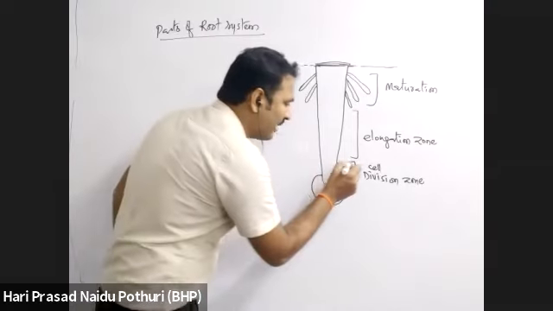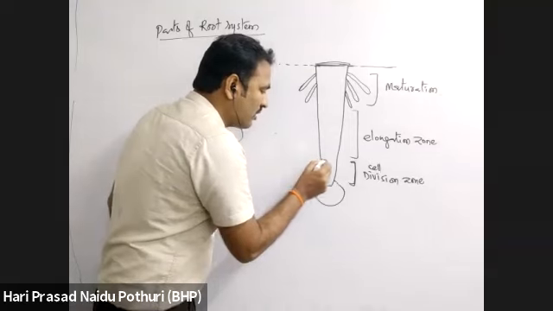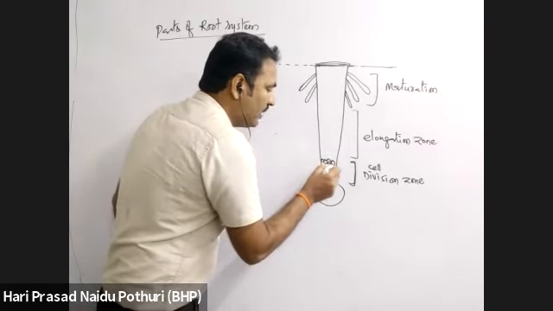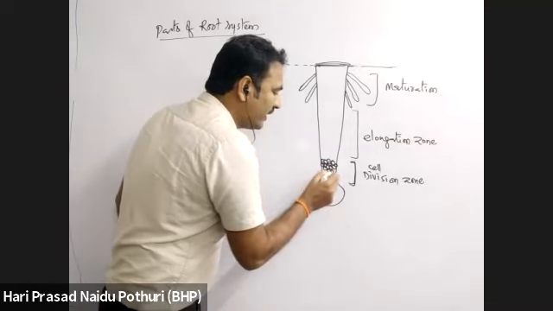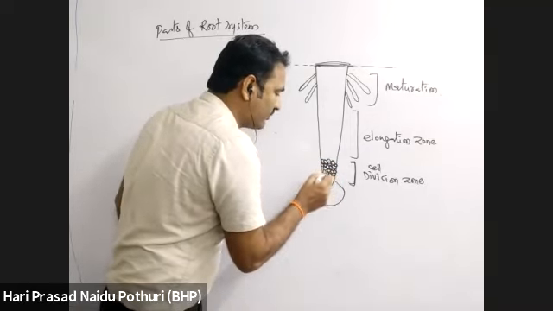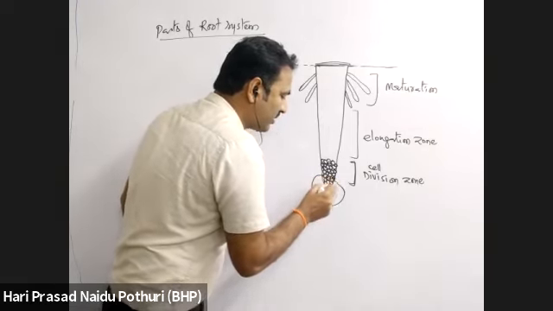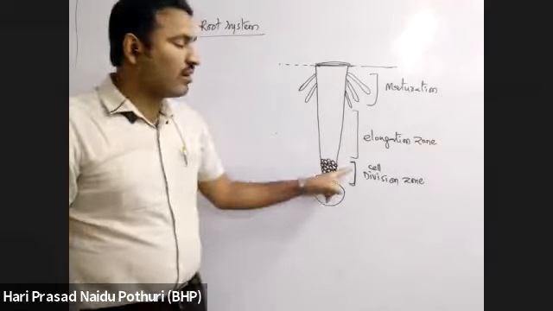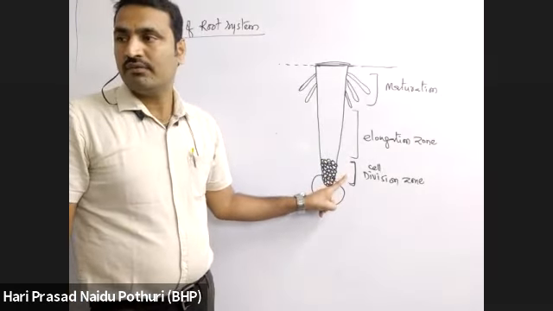So at the terminal, there is a part of the root where cell division is taking place. Actively dividing cells are present at this region. The region at which actively dividing cells are present is called the cell division zone or zone of cell division.